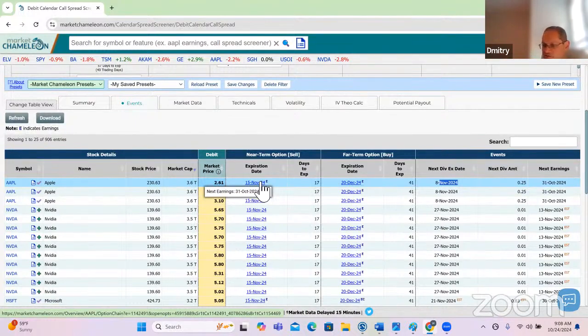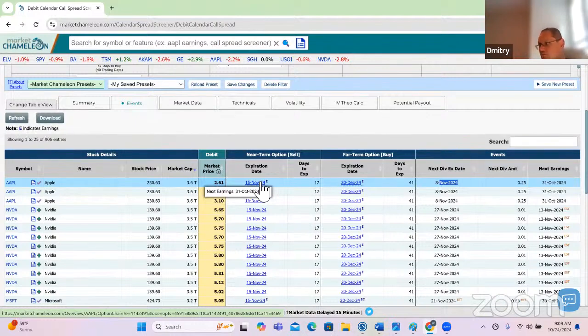Well, first of all, both options will have to include that in the cost of carry. And there is a potential for early exercise, early assignment because of the dividend, right?